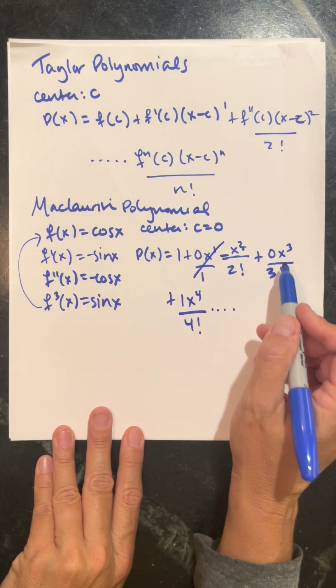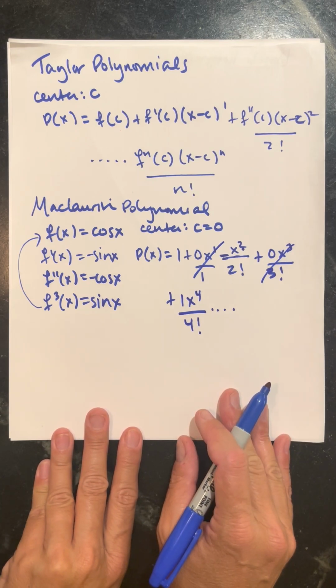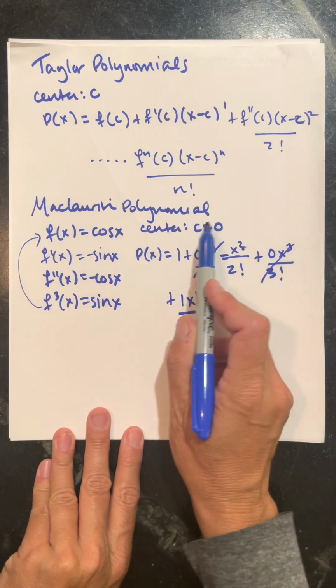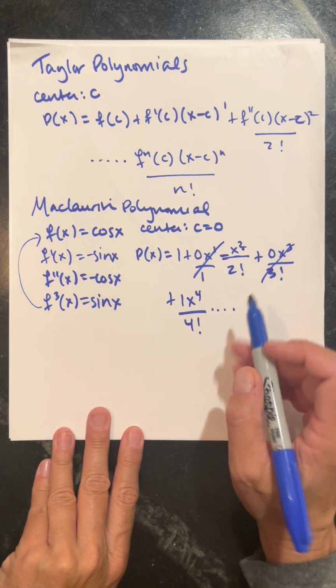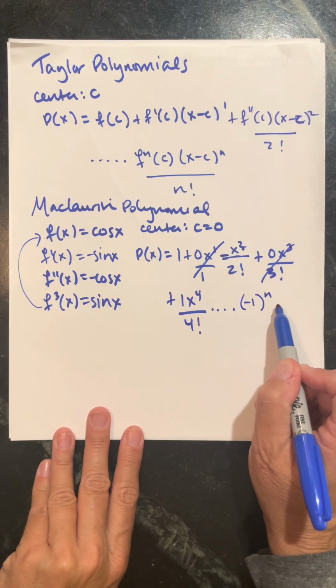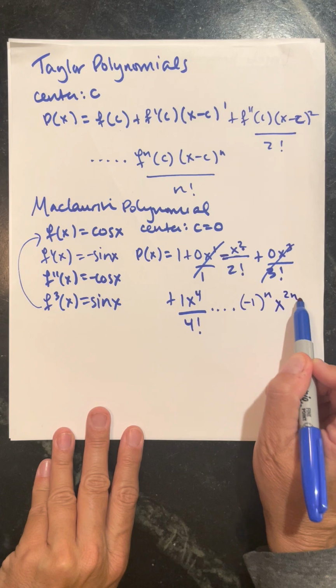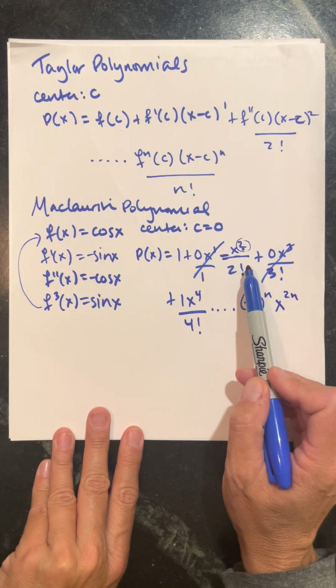You can see that I don't have any odd terms. So my nth term for the Maclaurin polynomial for cosine of x is only going to have evens. So again, I know it's going to alternate. I'll check that later. But I know that all of my exponents are going to be even, and I know that my exponent is the same as my factorial.